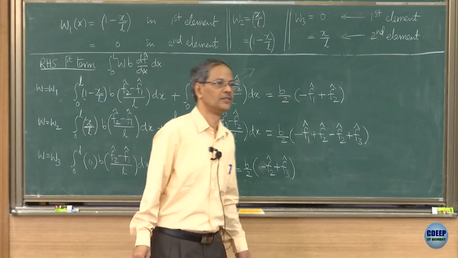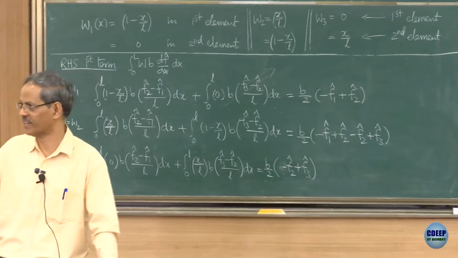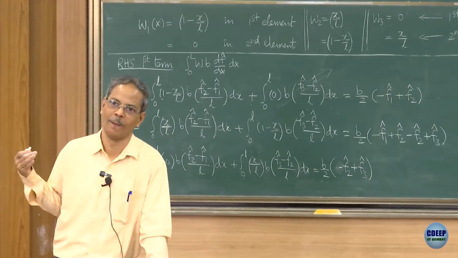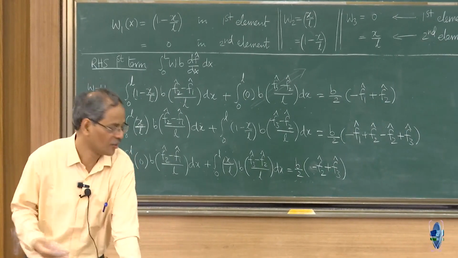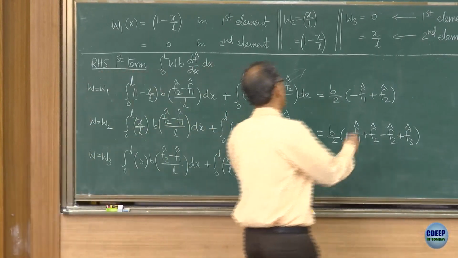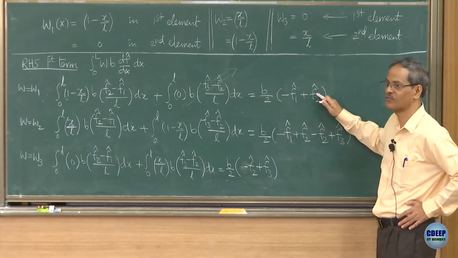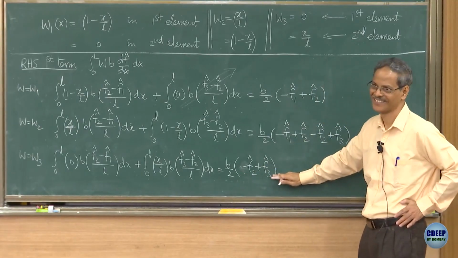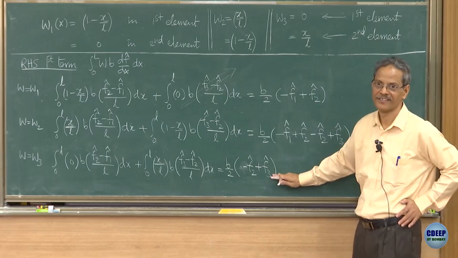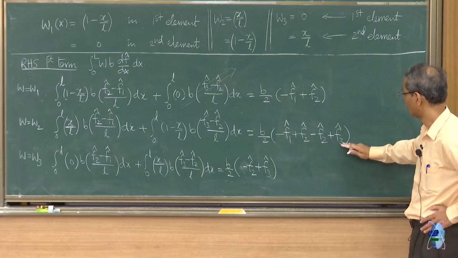So you would see how the computations and the results are flowing with respect to the first element and the second element contributions. If you see B by 2 times minus f1 plus f2, minus f2 plus f3.